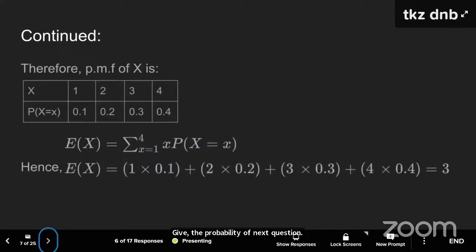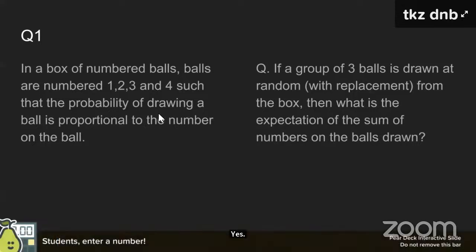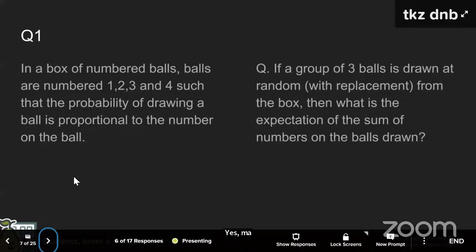The probability of drawing a ball is proportional to the number on the ball. It's given. These two we can say are independent questions, where the context is common. This is question 1 only.